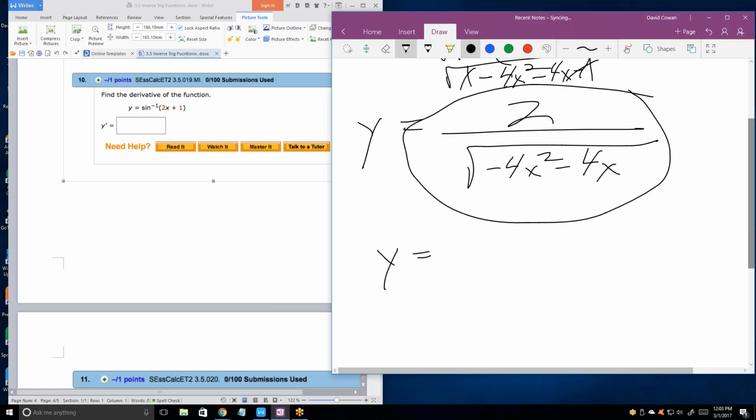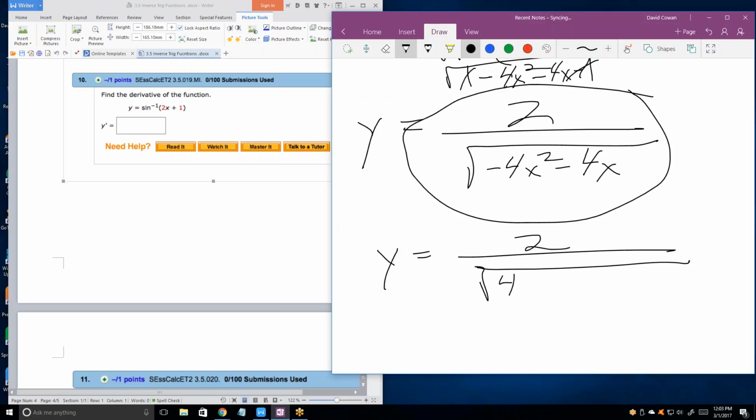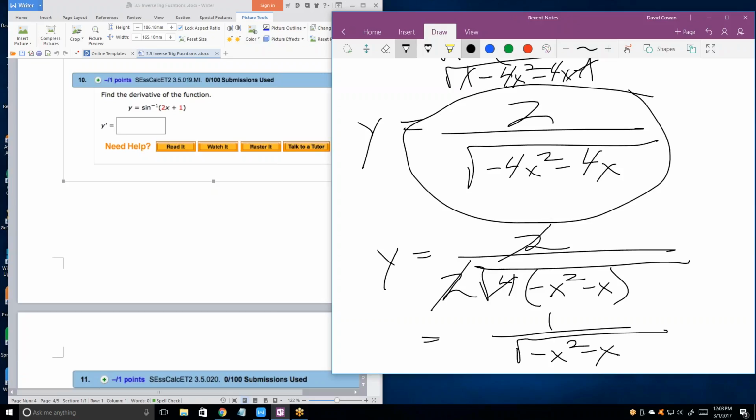They always want you to simplify it down. Here's the first step. I'm going to take a 4 out, leaving that. Now I can take that 4 completely out as a 2. And now the 2's cancel, and you end up with 1 over the square root of minus x squared minus x. And I don't think I can do anything more to simplify that. Go ahead and put that in as an answer and make sure that it's right.